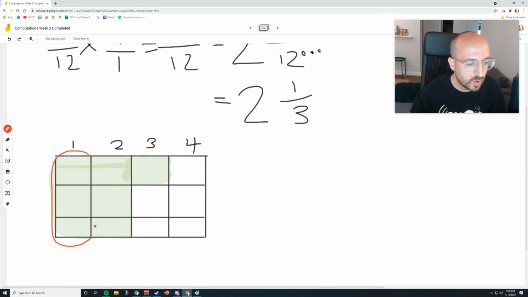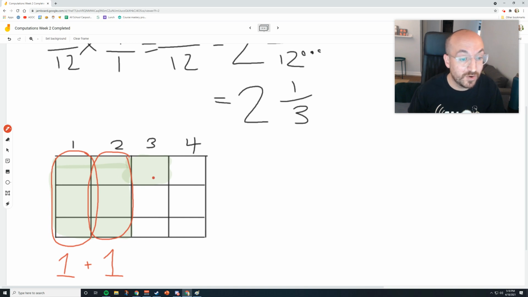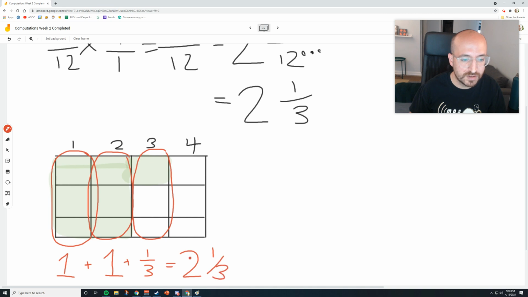Well, here's 1 1/4. Here's another fourth. Do I have a fourth here? No, I have part of a fourth. How much of this fourth is there? 1/3 of a fourth. So that was 2 1/3.